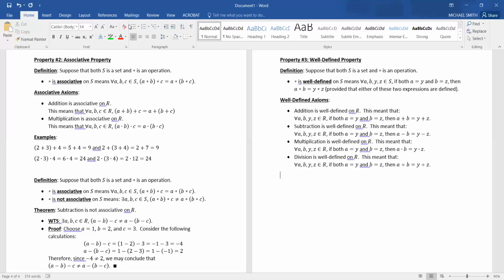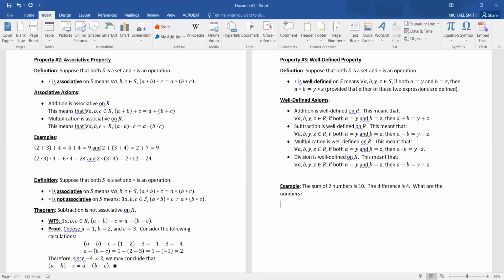Now, where have you actually seen well defined in your high school algebra class? Take this typical problem from high school algebra 2, for example. The sum of two numbers is 10. The difference of two numbers is 4. What are the numbers?